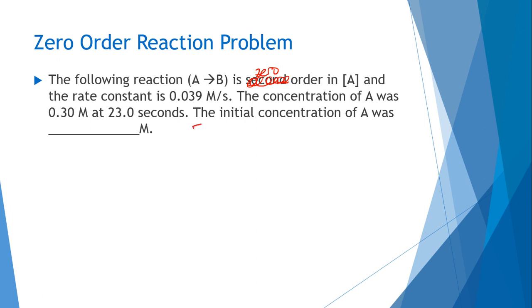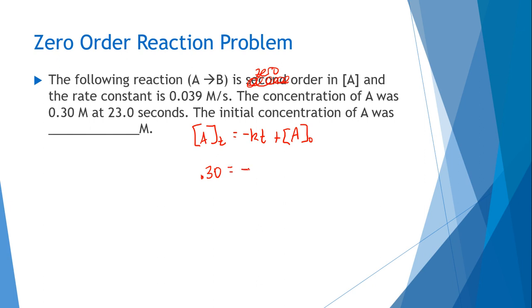So here, let's just go ahead and write my equation first. And then we just plug in what we know. So we know that the concentration was 0.3 after 23 seconds. So I'm going to plug that in for my A at t.